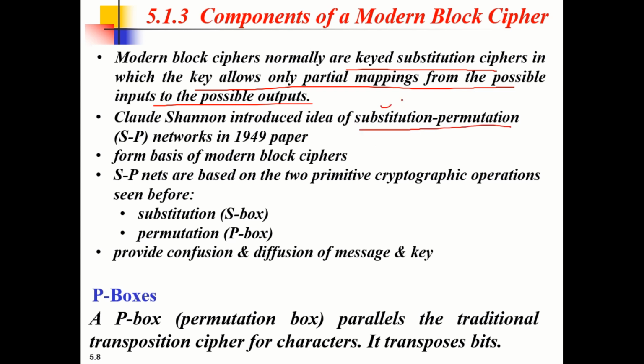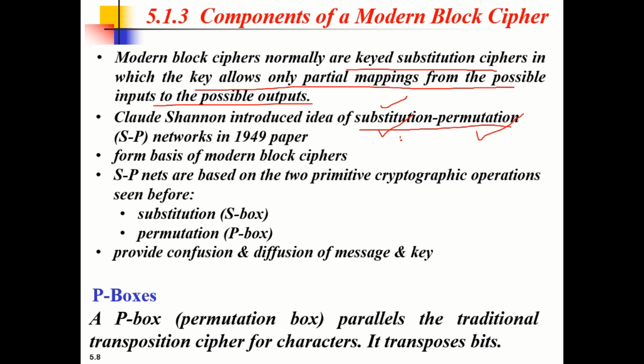Substitution, as we all know, we have discussed two kinds of ciphering techniques, substitution and transposition. Substitution is the same, wherein we substitute one character with another character, and permutation corresponds to transposition ciphering, wherein we reorder the given characters, or the bits we'll be using.